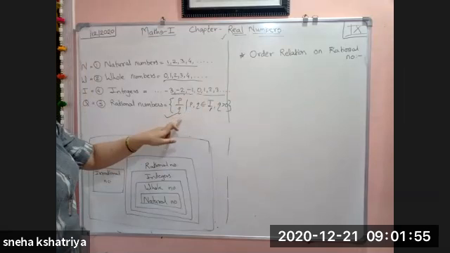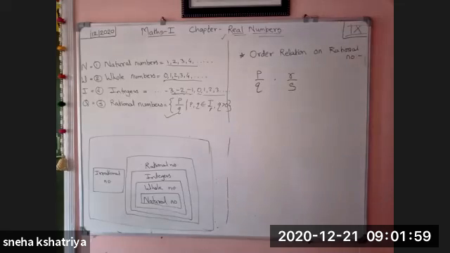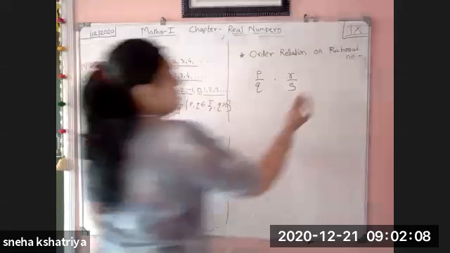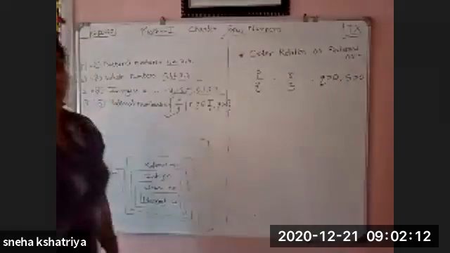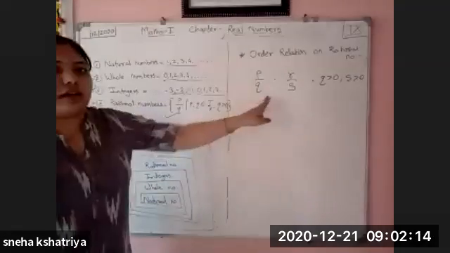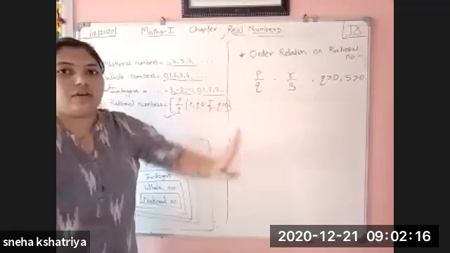Let us say R upon S. Okay, in your textbook it is given that P upon Q and R upon S are rational numbers where Q and S are greater than 0. Q is greater than 0 and S is also greater than 0, because the denominator is never 0. Q and S are not 0.